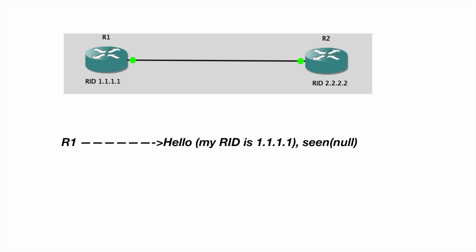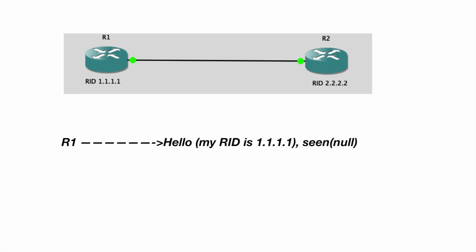Think of this as an analogy: you moved into a new house, and on a bright sunny day you go outside, see your neighbor, and say, hello, hi, my name is Bob. Same thing, the router says hello and sends its hello message.